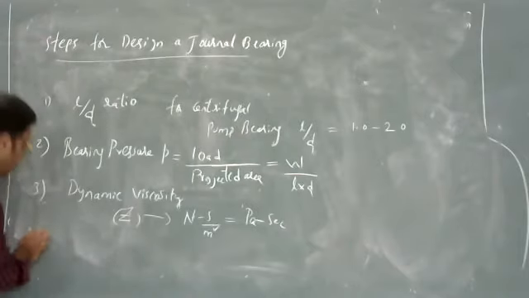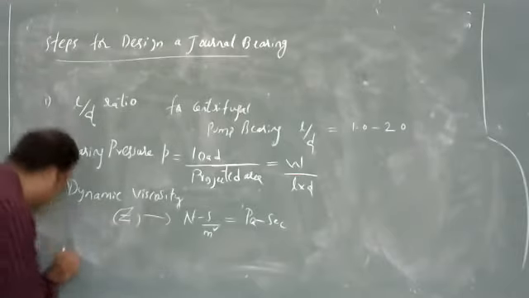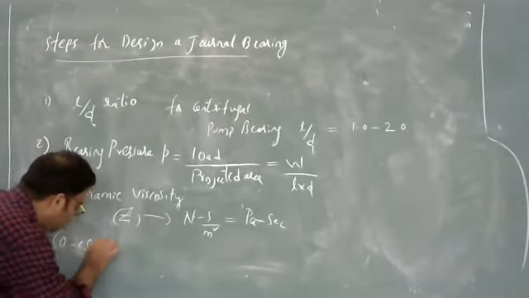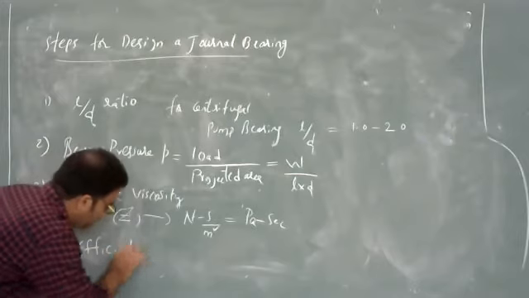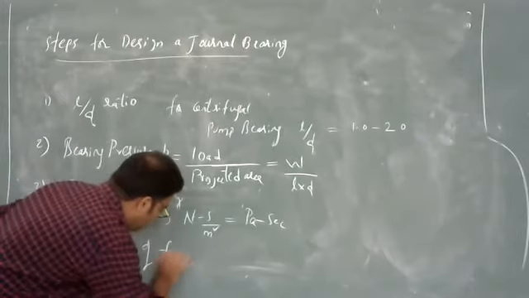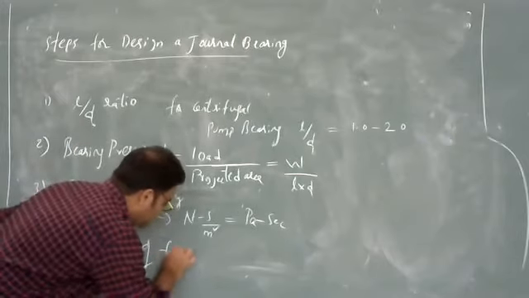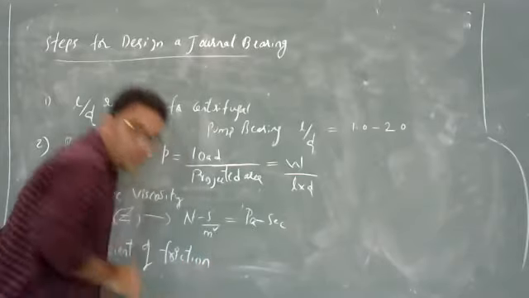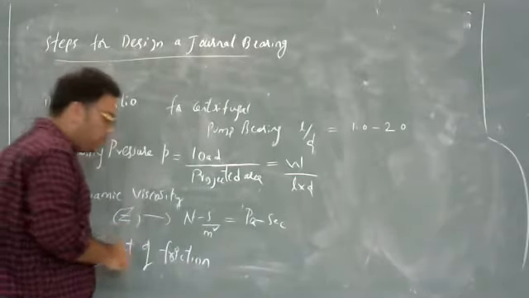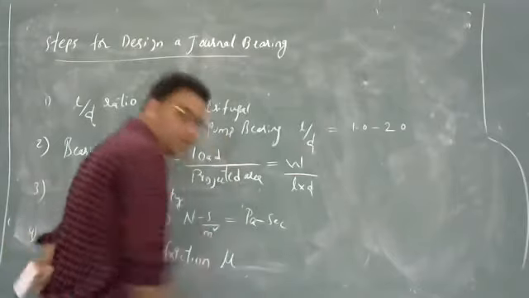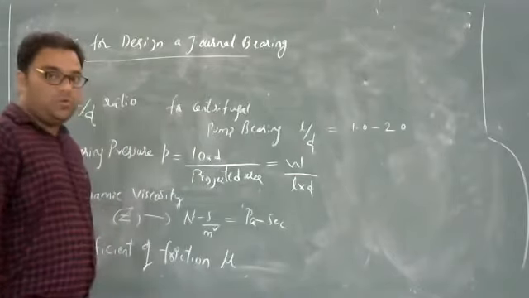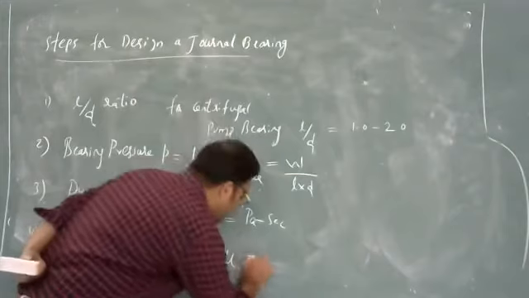Now, the fourth one is the coefficient of friction. The coefficient of friction is denoted by the letter mu. What is the formula for mu?